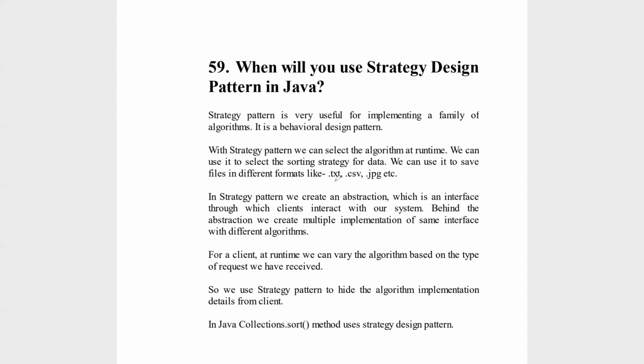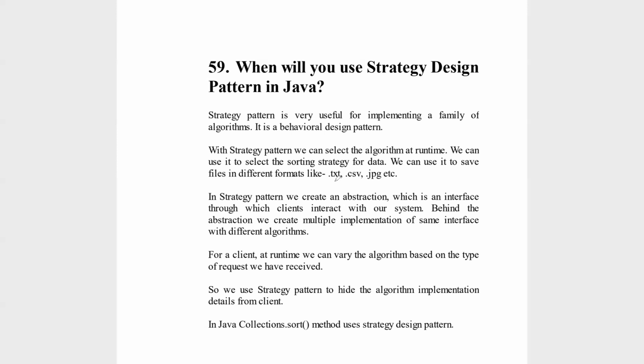So how do we do it? We take the help of abstraction. We create an interface where the client interacts with the system, and behind this abstraction we have multiple implementations of the same interface with different algorithms.